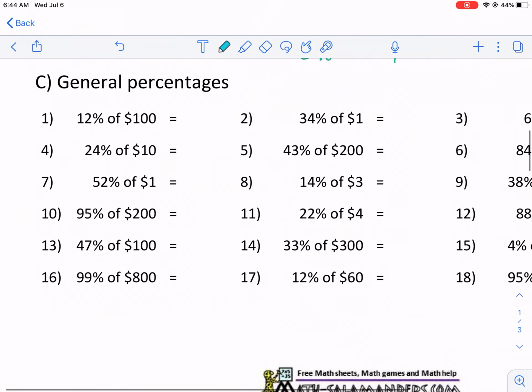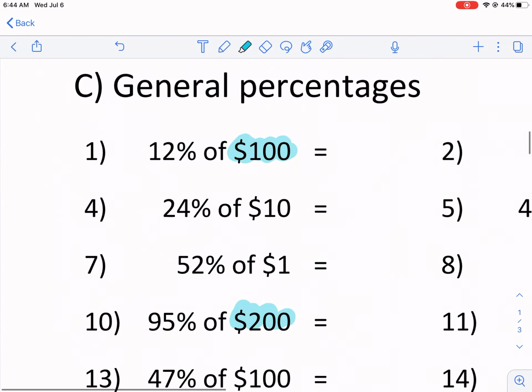So these are general percentages now. And basically the concept here is all of these have a base of multiples of 10 or 100, okay? So what you're going to find here is, for example, this first one, 12% of 100 is just $12. Real simple. We know that 12 is out of 100 for percent, so $12 out of 100. It's that simple.